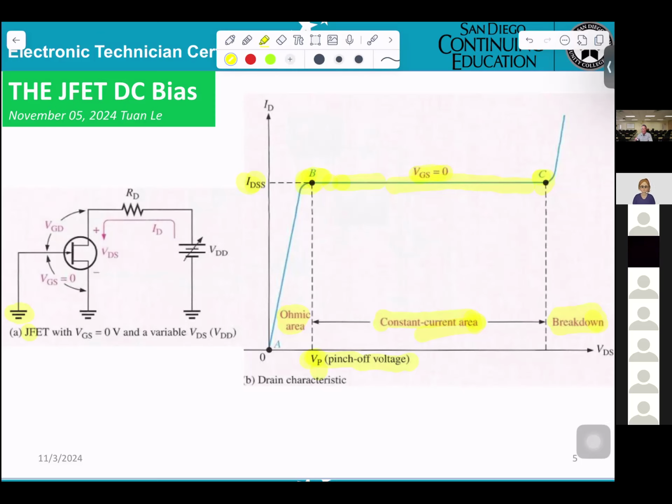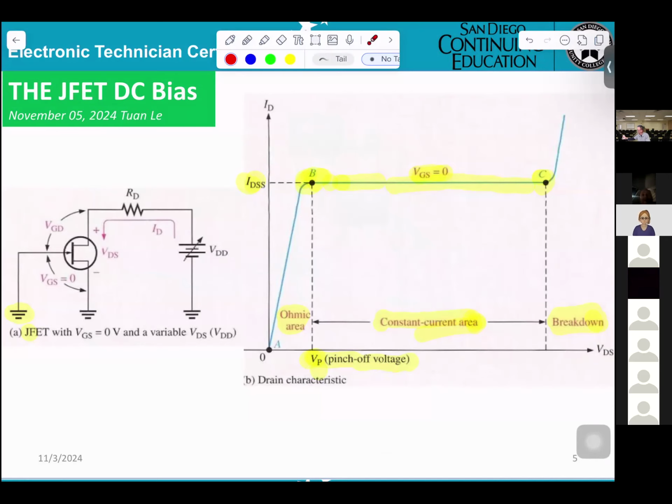And the IDSS is the current given by the manufacturer when they build the JFET. With VGS equals 0, make sure you know the current ID will be equal IDSS, before you get into the VP, which they call the pinch off voltage.